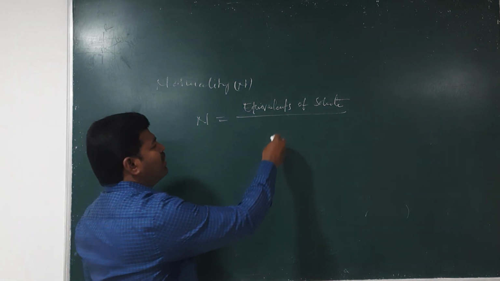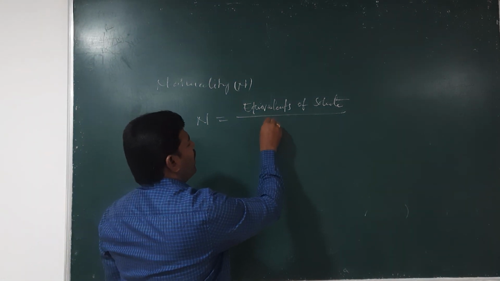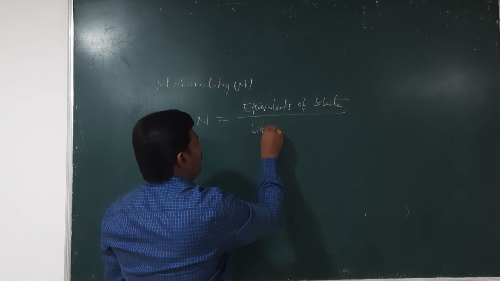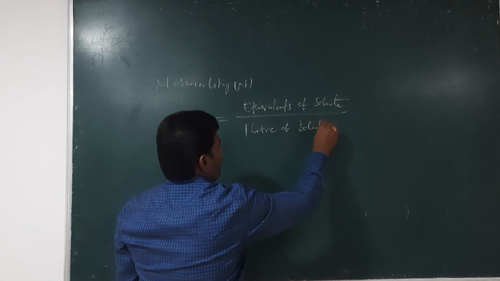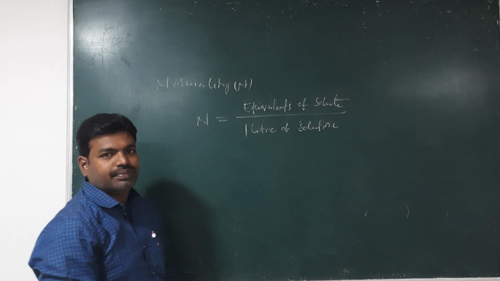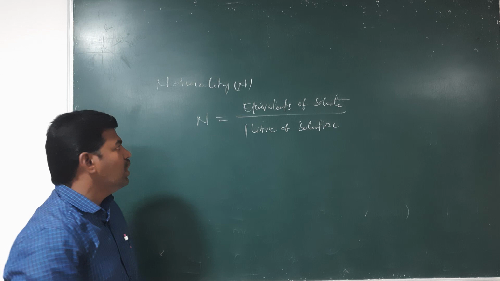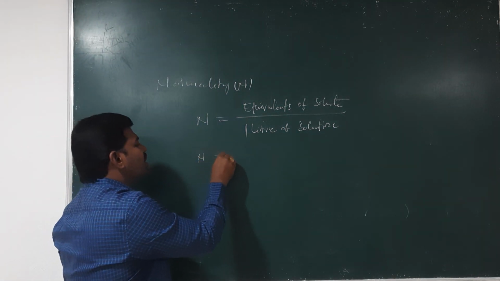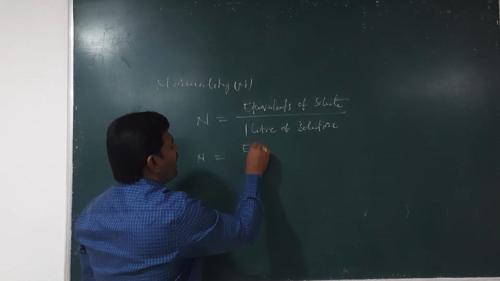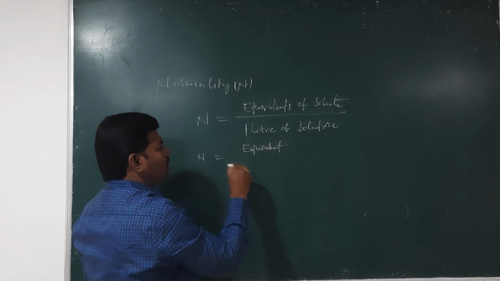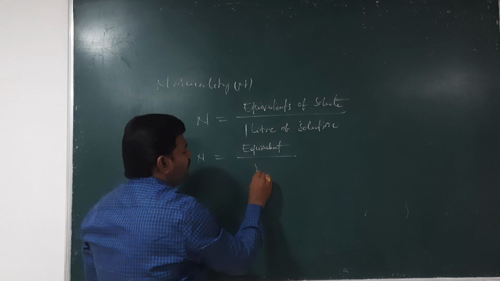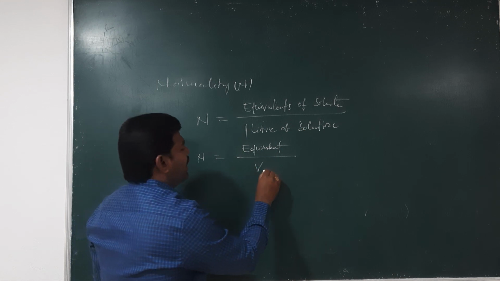So, for 1 liter of solution, normality is equal to equivalents of solute by volume of the solution in liters.